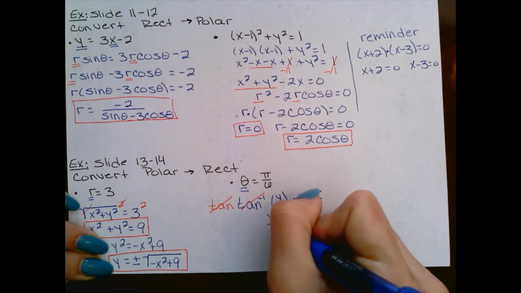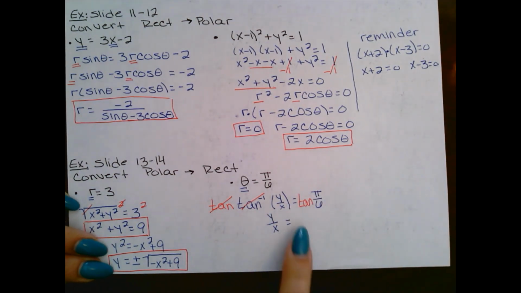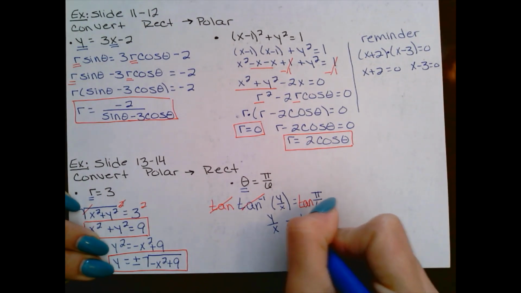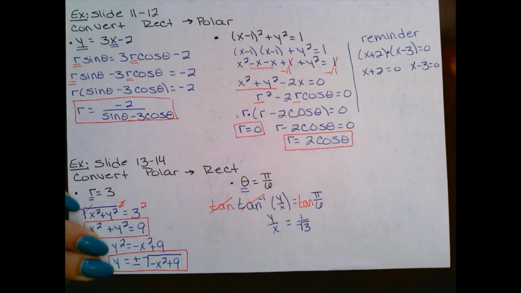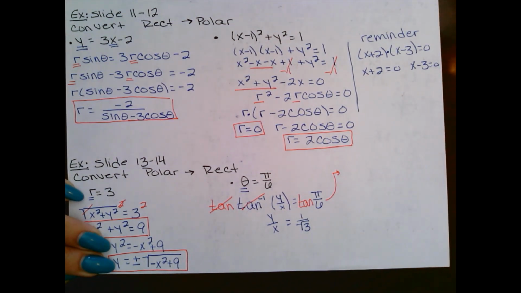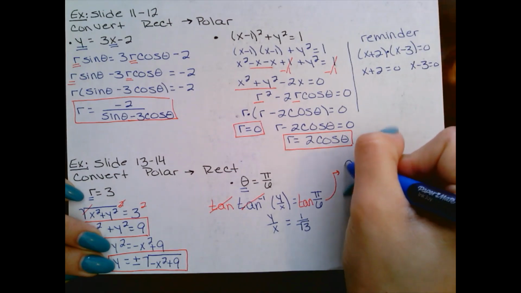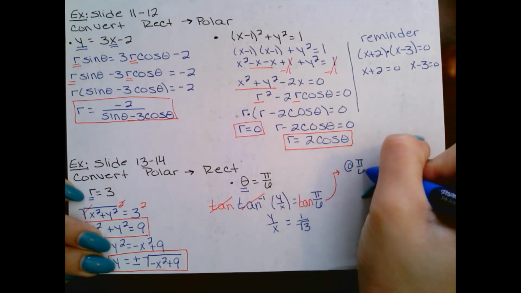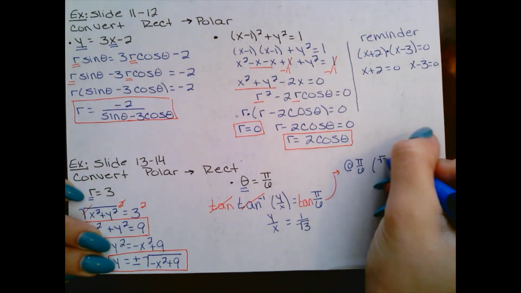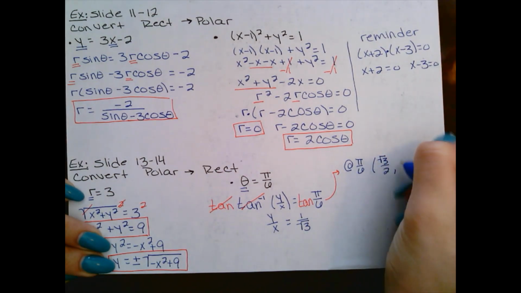So now I have y over x equals, and on my unit circle, tangent of pi over 6 is 1 over radical 3. Okay? If you don't remember how to do that, let's make a quick little side note. At pi over 6, my ordered pair is radical 3 over 2, comma 1/2.